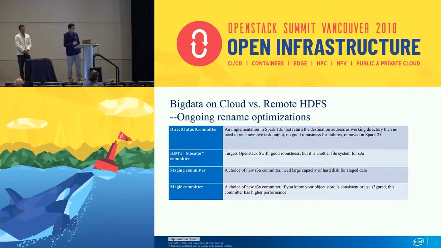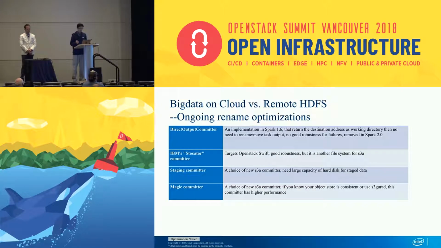But there are actually lots of ongoing rename optimizations. IBM has, I've listed several ones here. IBM has Stocator, which connects to Swift-based storage, and then uses a direct output, which eliminates the rename stage.